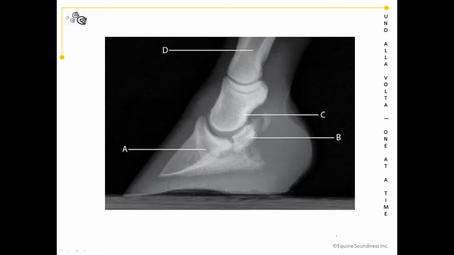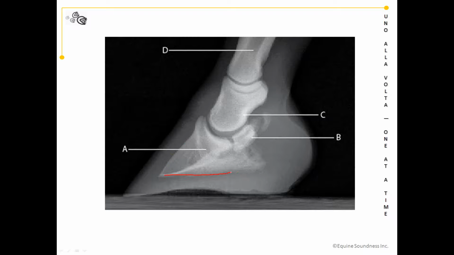When you look at a radiograph, this is what you see. You see here the coffin bone in its lateral form. Again, it looks a little bit as if it is very sharp and sitting in a downward fashion, but that's not so, because this here wasn't quite drawn right.